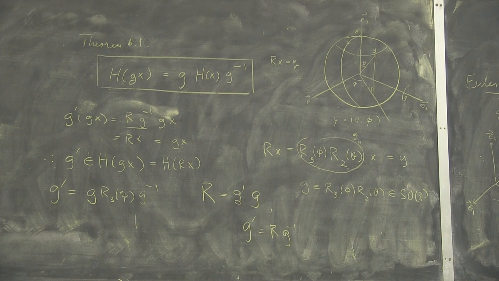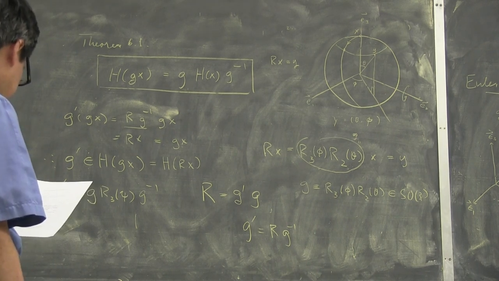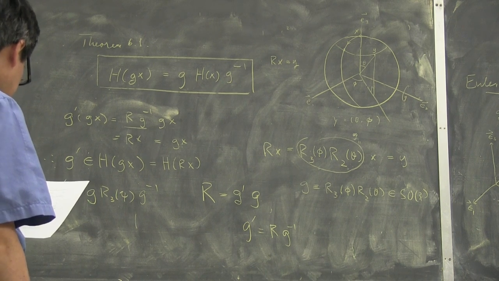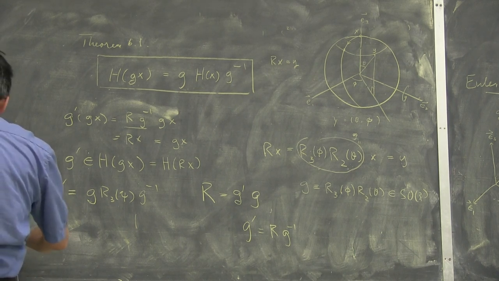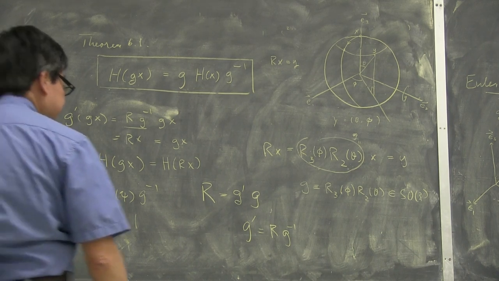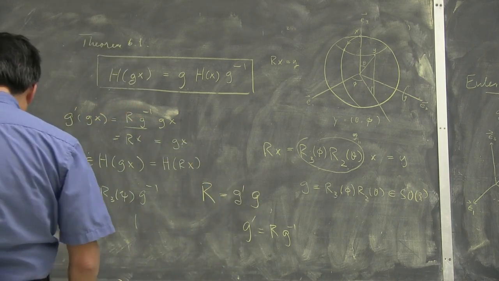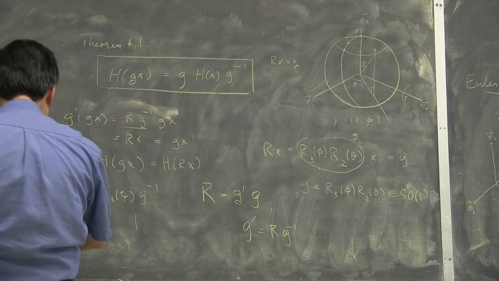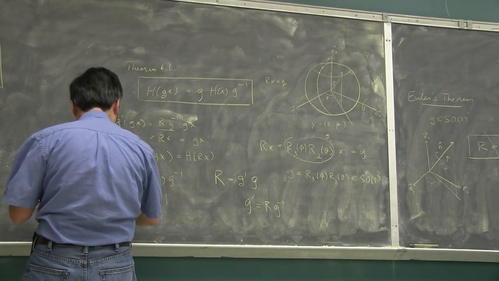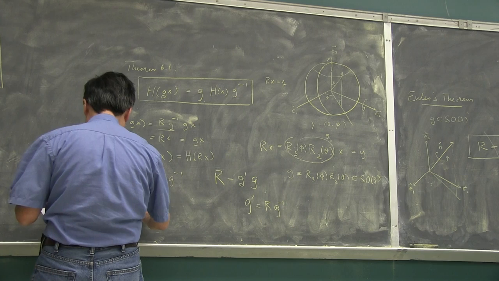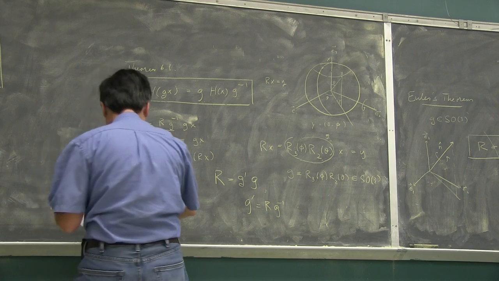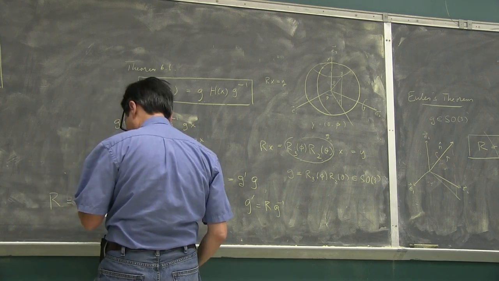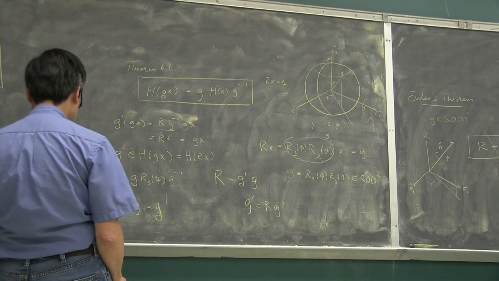And so R is equal to G prime G. So R now must be equal to G prime G. G prime is equal to G R3 psi G minus 1, and then multiplied by G. And that is equal to G times, what?